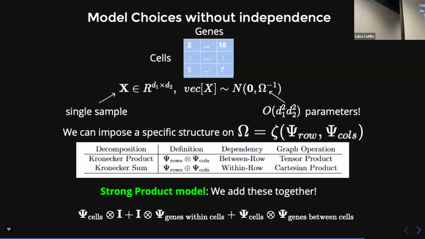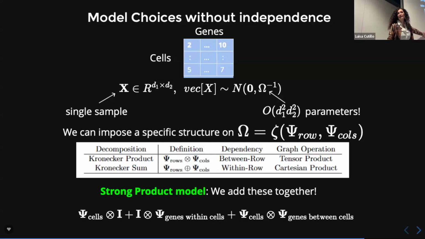Sorry, am I doing it right? No, it's the other one, between row. And the other one is the within rows. So if I keep the same precision matrix for the cells, and I use the genes-within-cells and genes-between-cells precision matrices in this sum, that's our model.